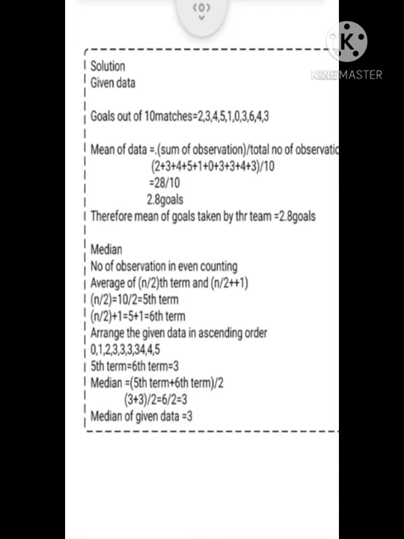So next, what do we need to find out? Mode.